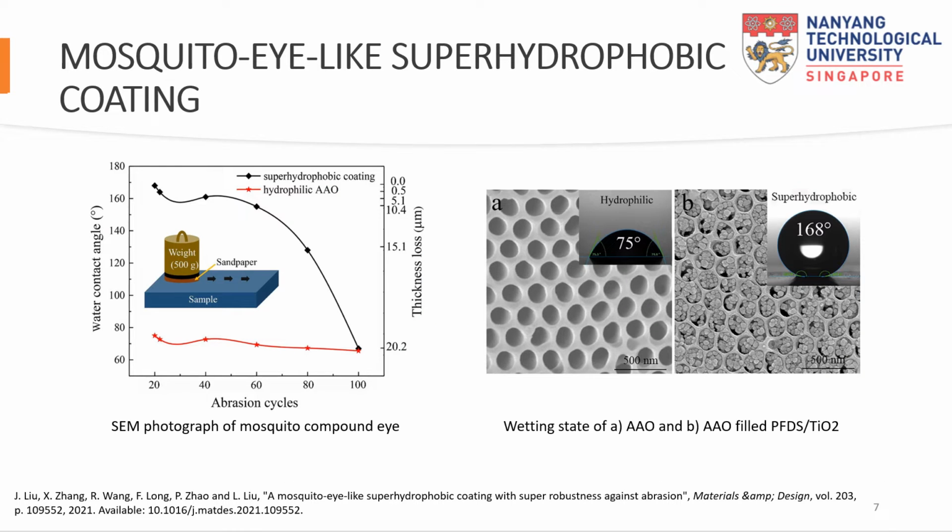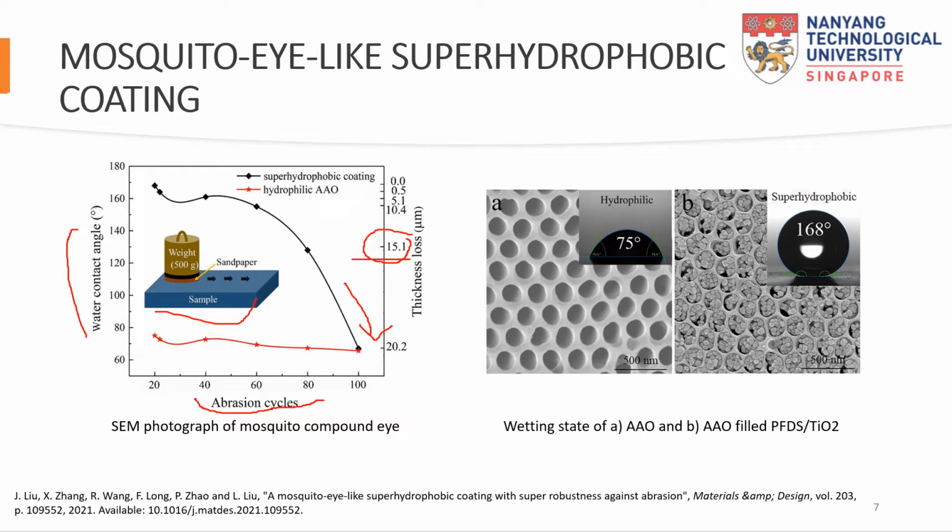From the abrasion test, we can see the sample has high robustness to abrasion. The sample is able to maintain its low wetting state despite the thickness loss up to around 15 micrometers. Now, there is a significant change to the water contact angle value after coating loss more than this value.